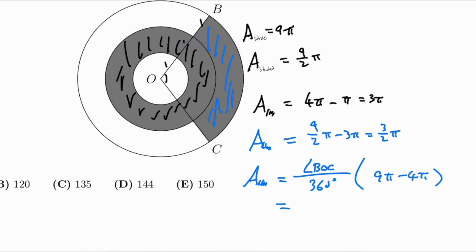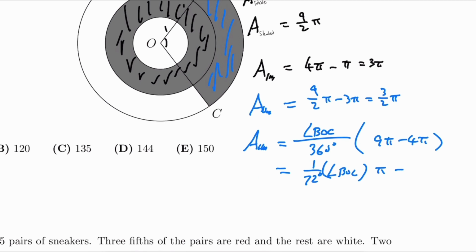So we have 1/72 degrees angle BOC times pi. And this is equal to 3/2 pi. And therefore, we could cancel out a pi and multiply the 72 degrees on the right.